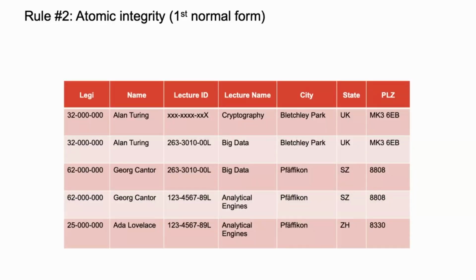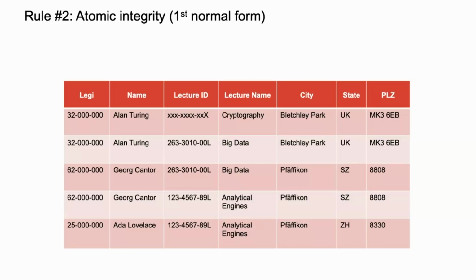Rule number 2 that it has to fulfill is called atomic integrity. What it means, remember what I told you about vector spaces, that we have scalars and vectors. In the same way here, we have the atomic values and the structured values.